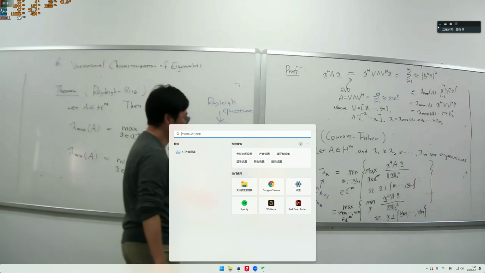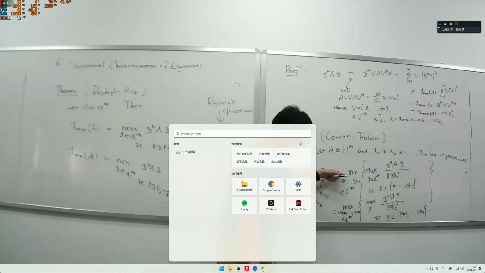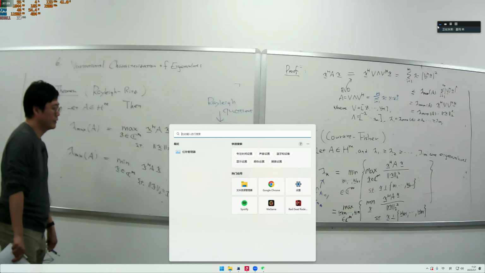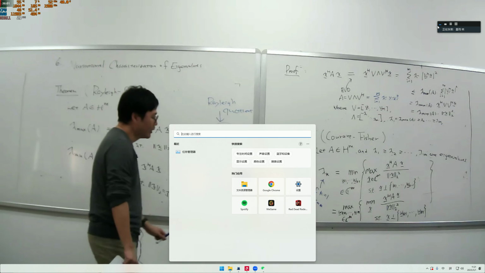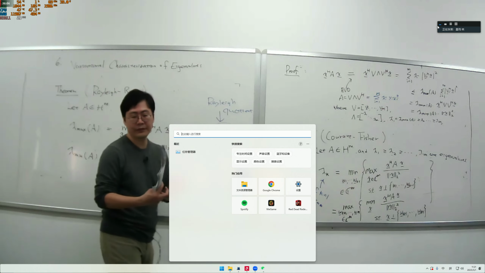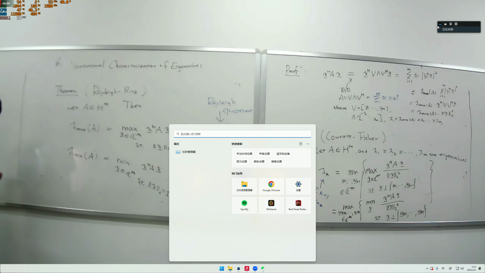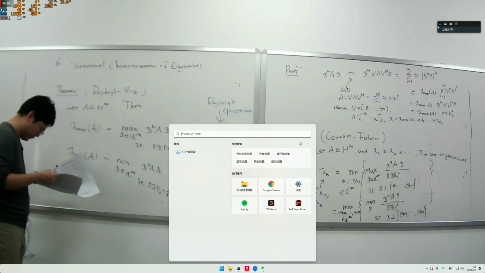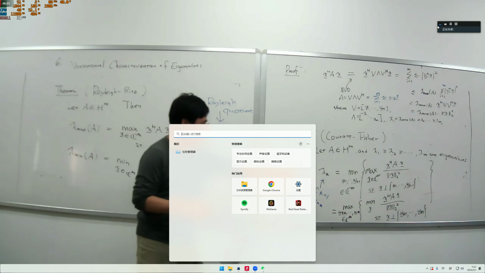So this gives us these two variational characterizations of the eigenvalues, called the variational characterization. They can be written as min-max or max-min. Any questions? First, understand this statement.